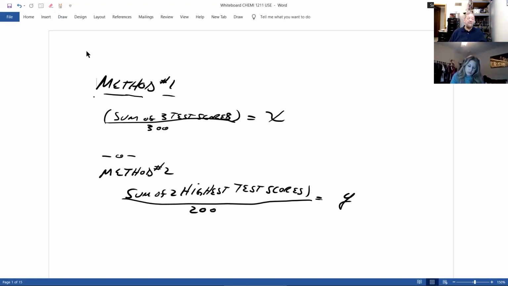All right, second method is take the sum of your 2 highest test scores and divide by 200. If you get a Y and the number is 90 and above, you're now getting an A, 80 to 89 B, 70 to 79 C. And like I said, I don't have anybody lower than that. I'm not sure if I even have anybody in the 70s.